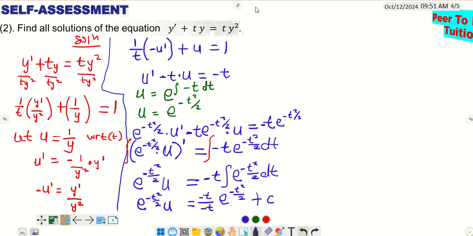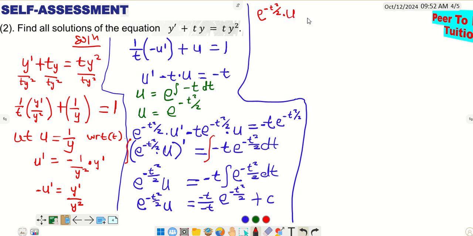Now let us simplify it. If I simplify it, I'll get e^(-t²/2) multiplied by the u should be equal to, when I cancel out, negative e to the power negative t squared over 2, then plus the constant c here.